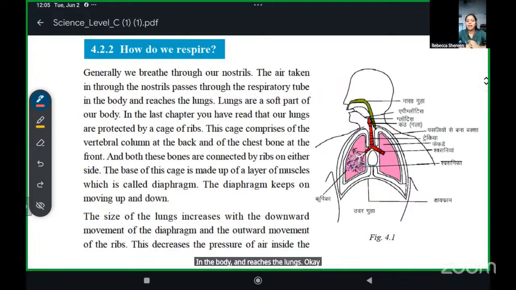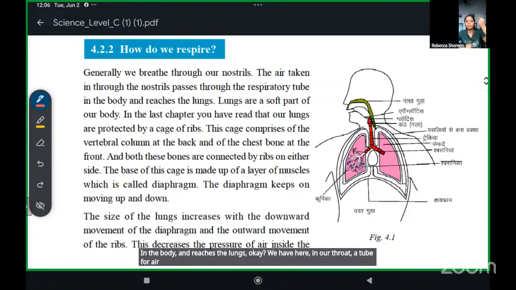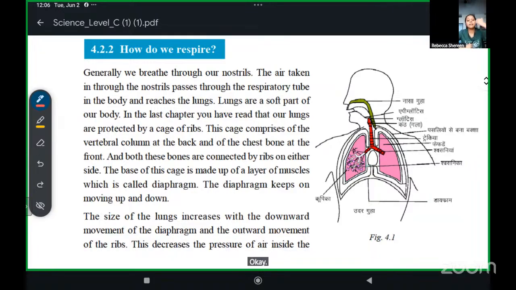We have in our throat a tube for air, a separate canal through which the air goes down, and then it reaches the lungs.